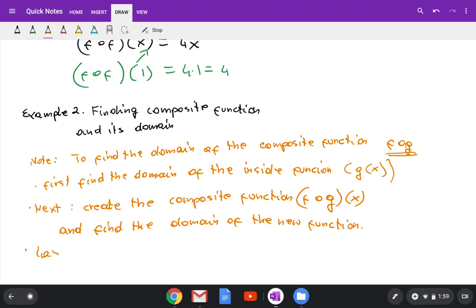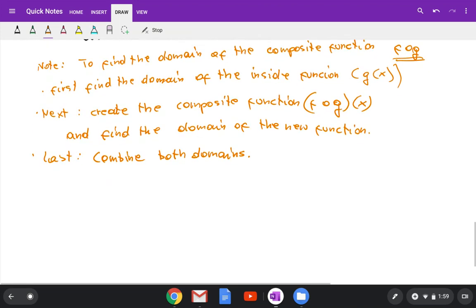Last, combine both domains, g of x and f composed with g of x. It's going to make sense when we do examples. Okay, so this is the note, but again, let's see an example first.